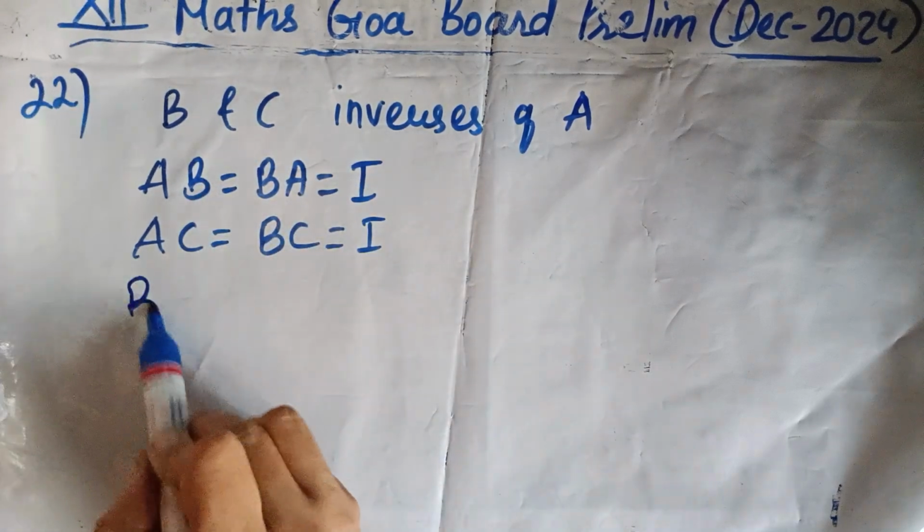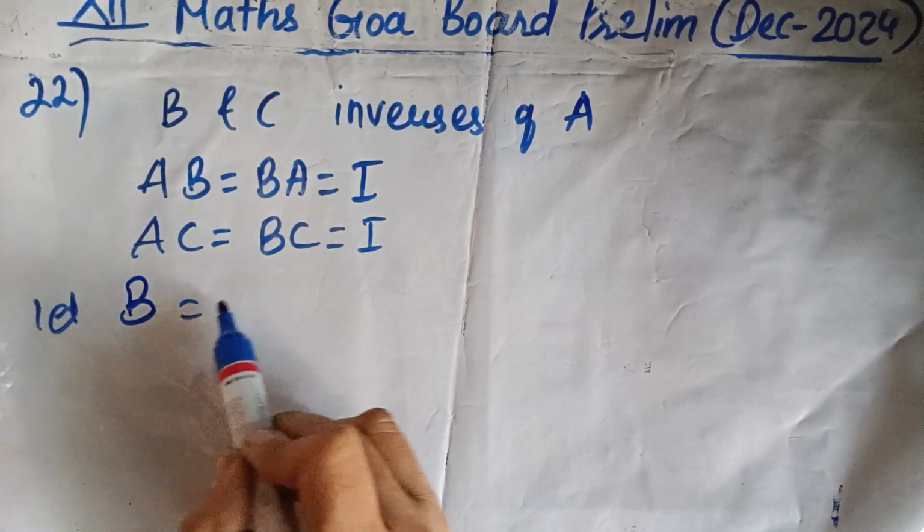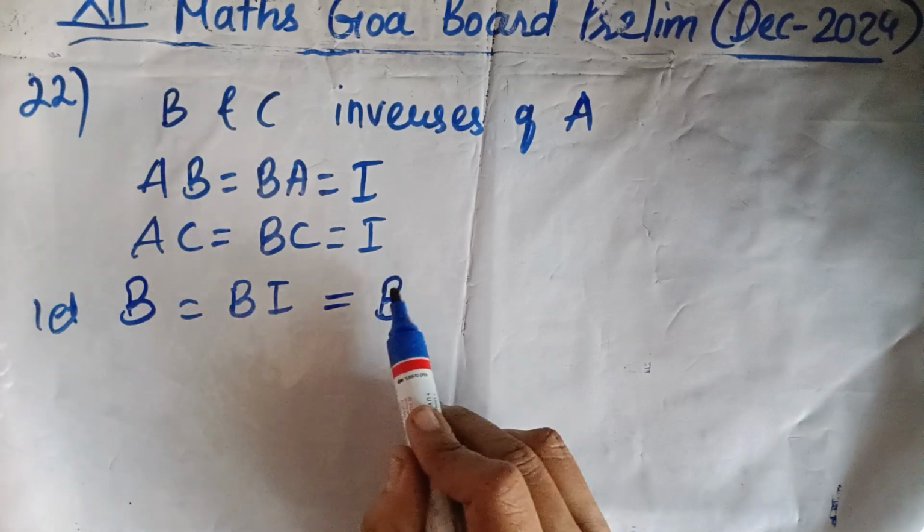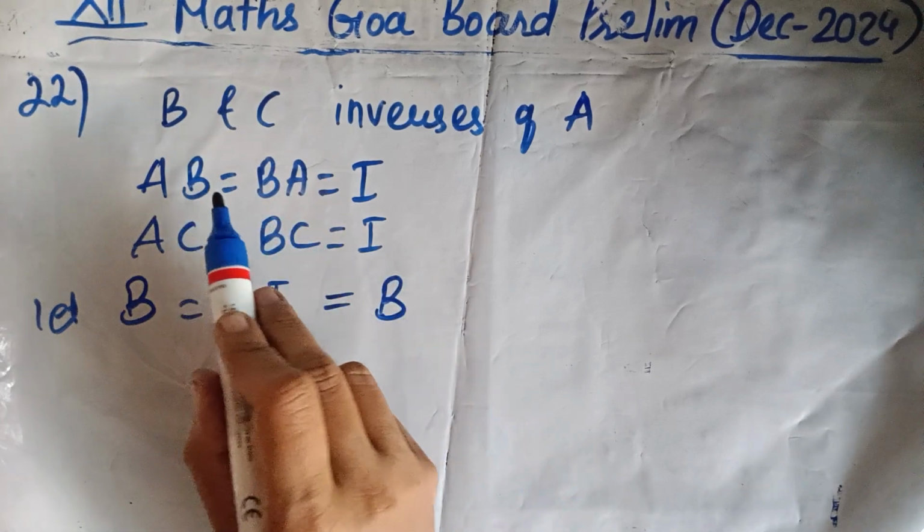Now we have to prove that B is equal to C. So start with B. B you can write as B into I. Correct? So I will substitute I as AC.